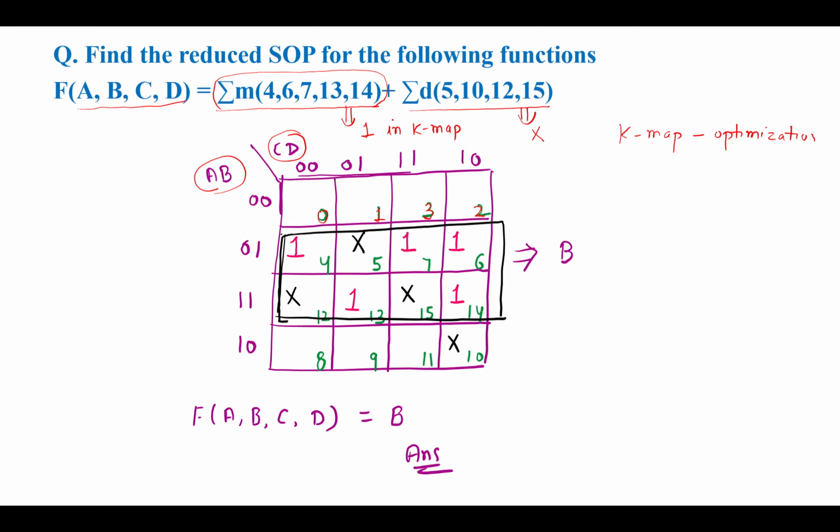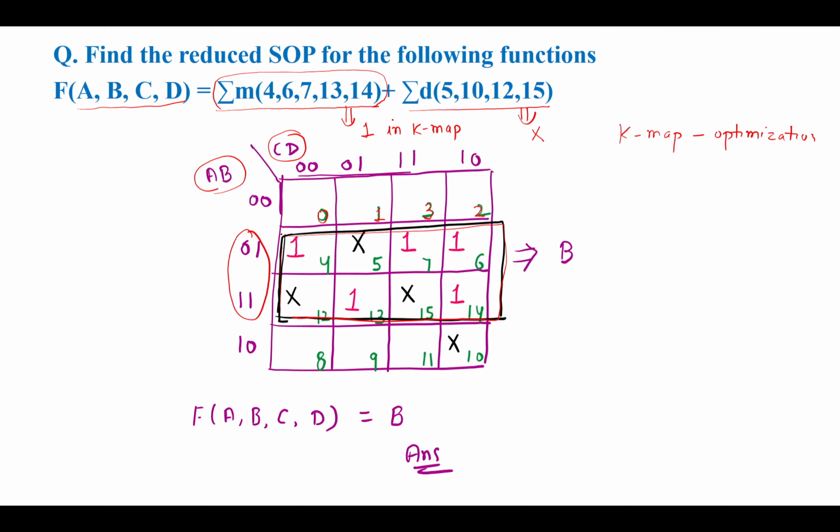Here we mark all these minterms and all these don't care conditions, and after that we have to form some pairing. Here we form one quad, because all the ones and don't cares participate. So one quad is possible here.